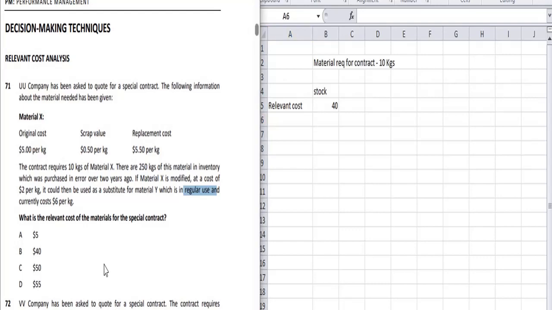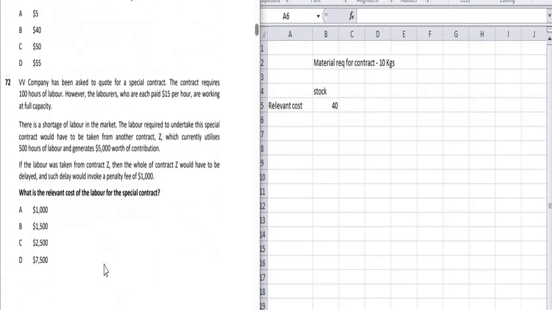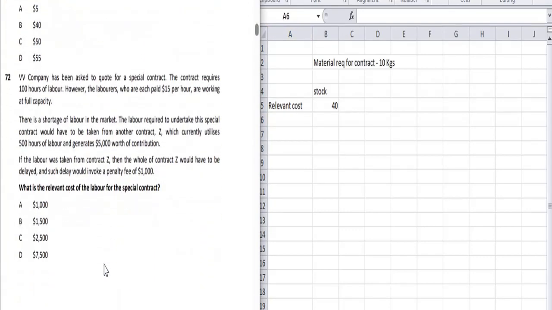The next question here is: what is the relevant cost of the labor for the special contract? In the case of labor, we have to identify whether the labor is at full capacity or spare capacity. In case of spare capacity, the relevant cost will be 0. But in case of full capacity, again we have to see whether we can hire more labor or we can't.